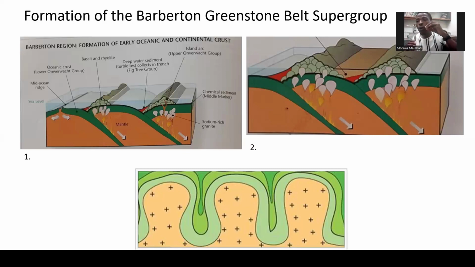But what is playing a major role is pressure. Now the pressure will force the water to be squeezed out.